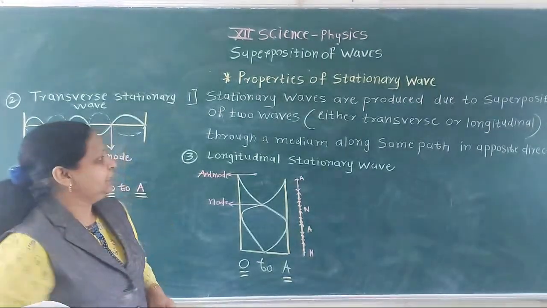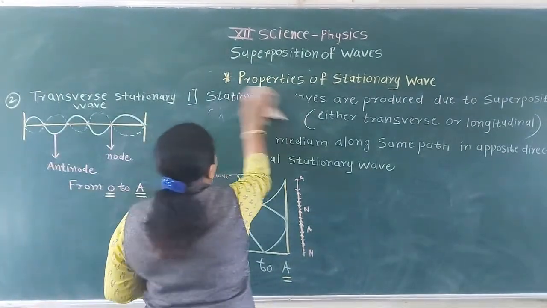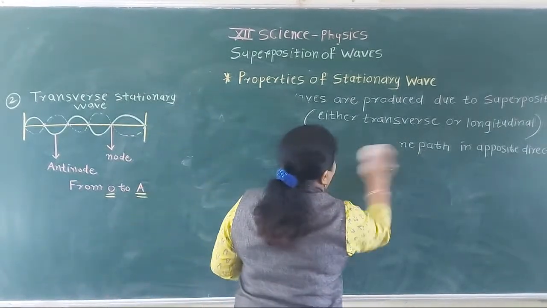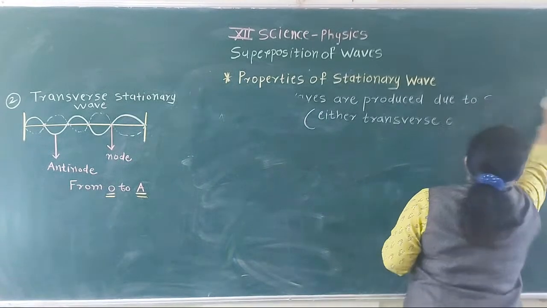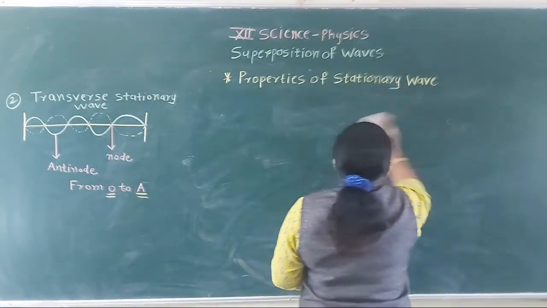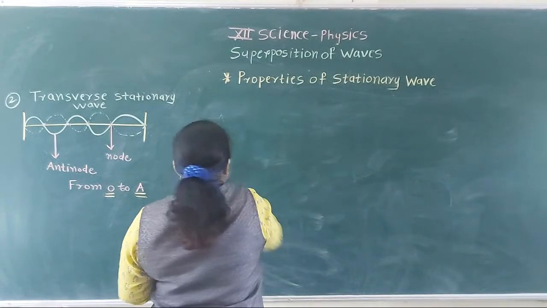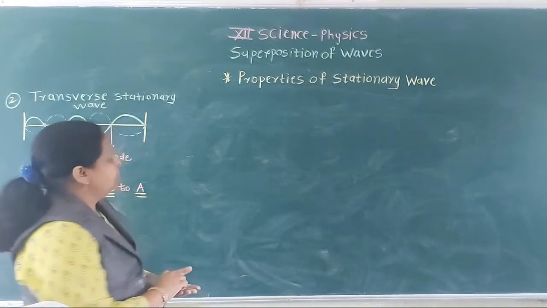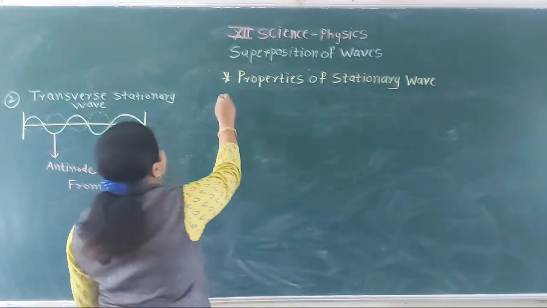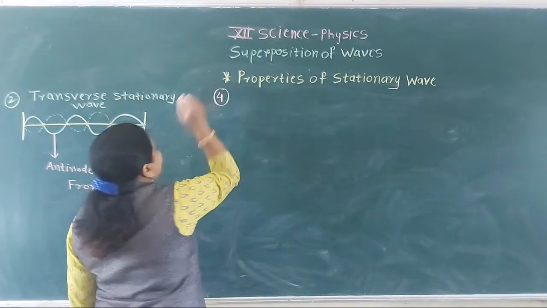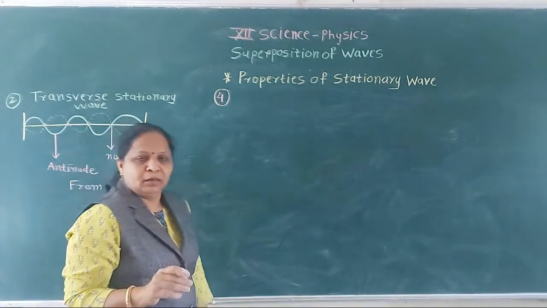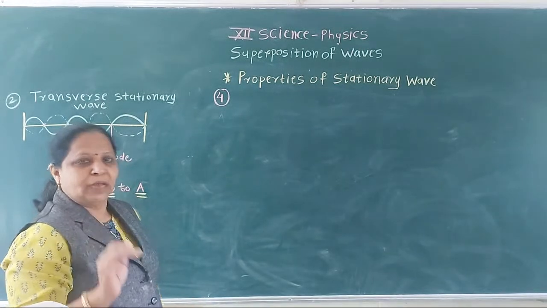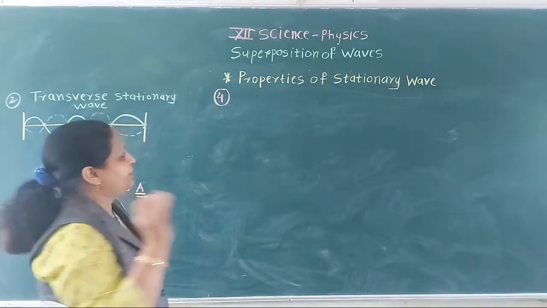Now, what is the next property in a stationary wave? The next property, number 4: the distance between two successive nodes or two successive antinodes is equal to lambda by 2.